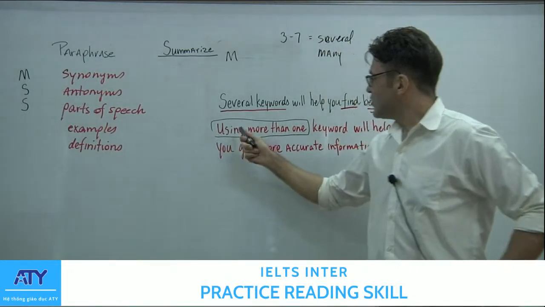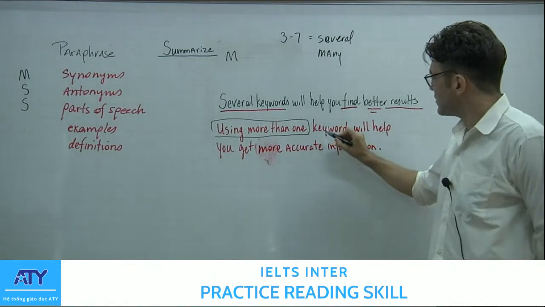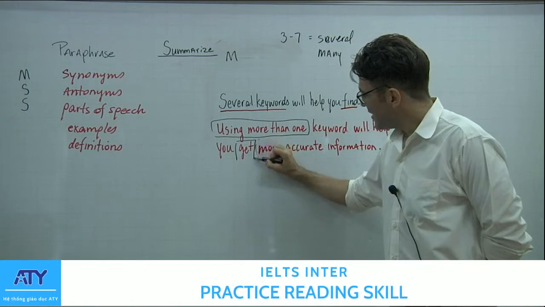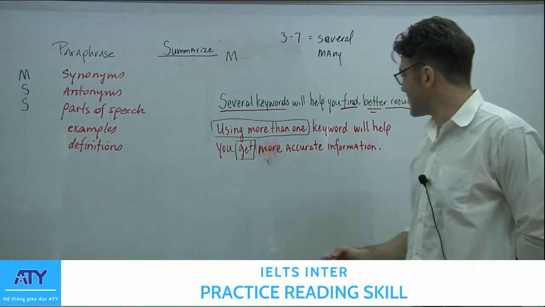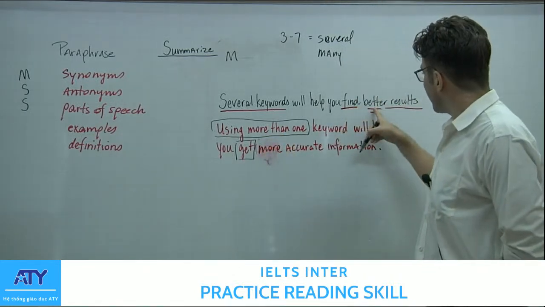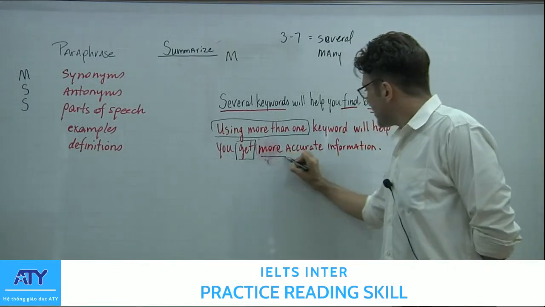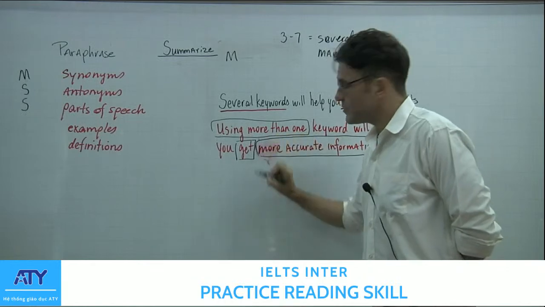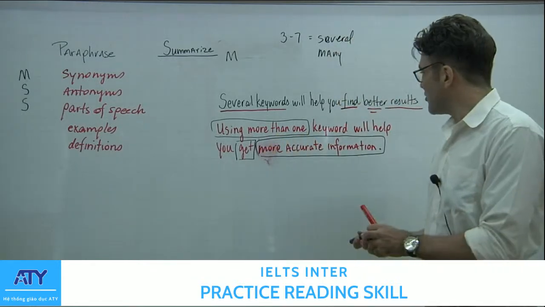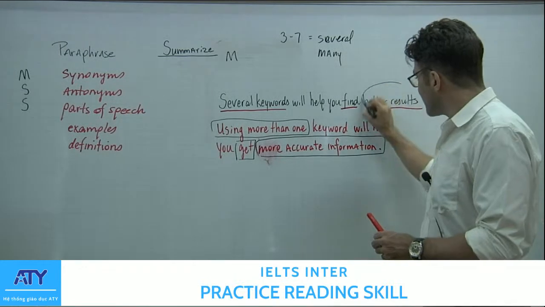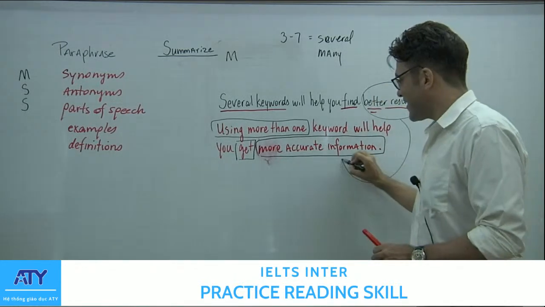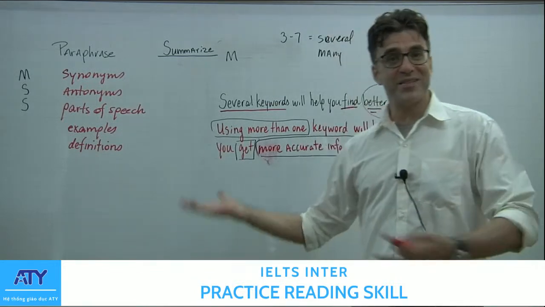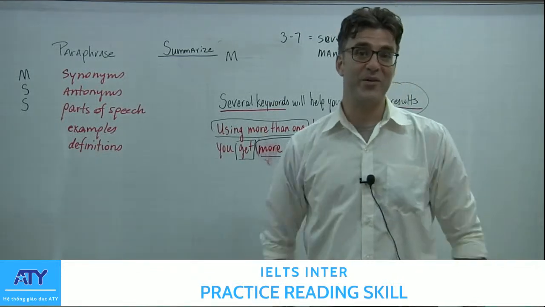So I say using more than one keyword will help you get. Another word for find is get. And better results. Now what we're looking for in our results, we're looking for information. So rather than say better results, I would say more accurate information. So this is my summary of that first paragraph.